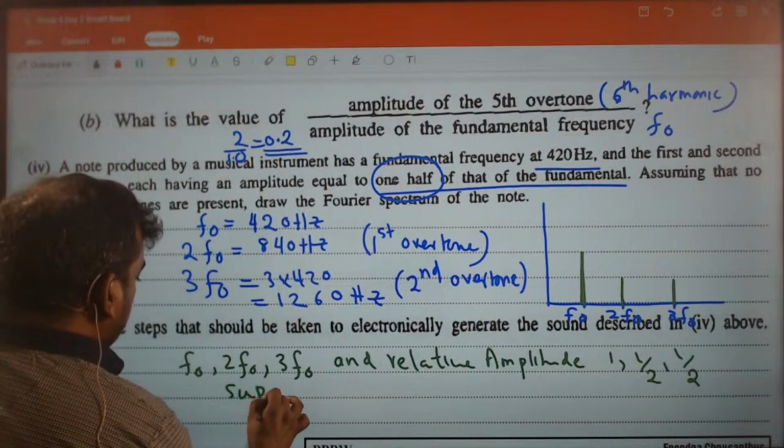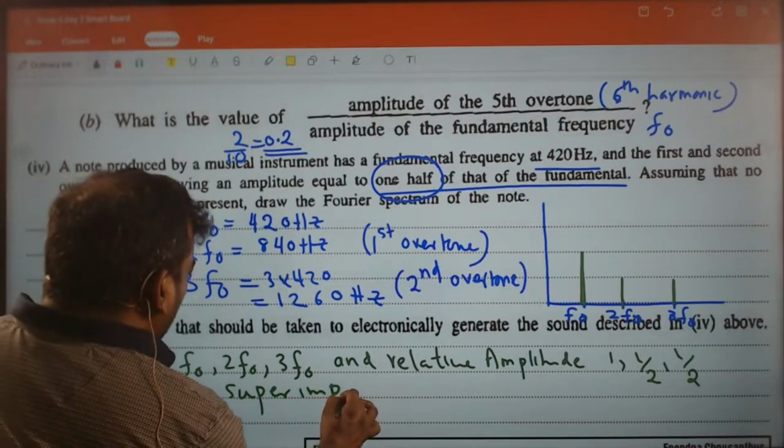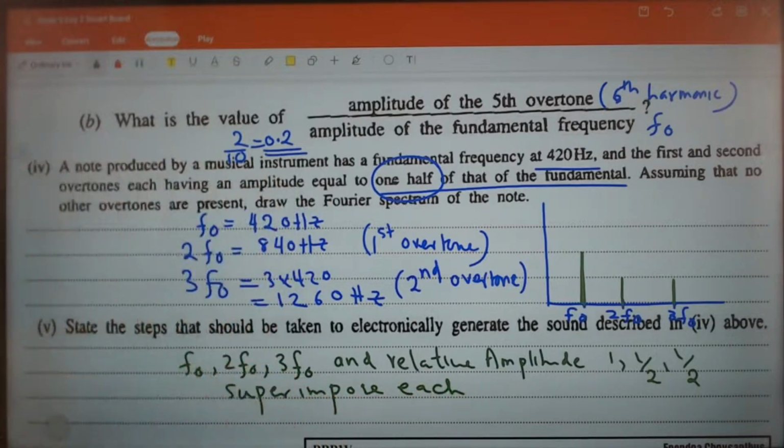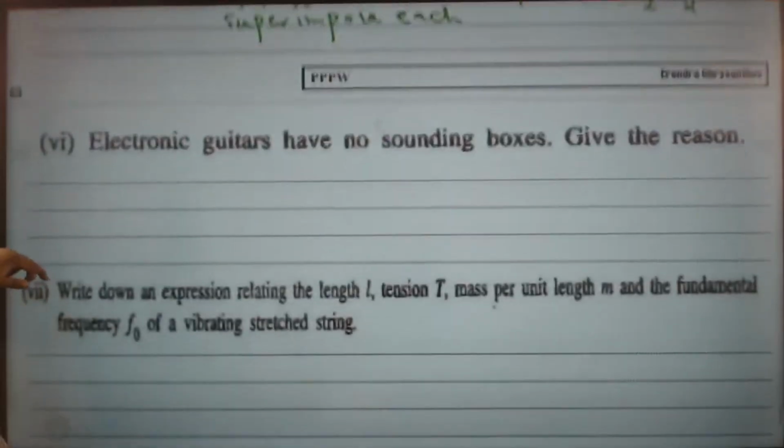So all the frequencies with their amplitudes will superimpose each other. Okay. Right.